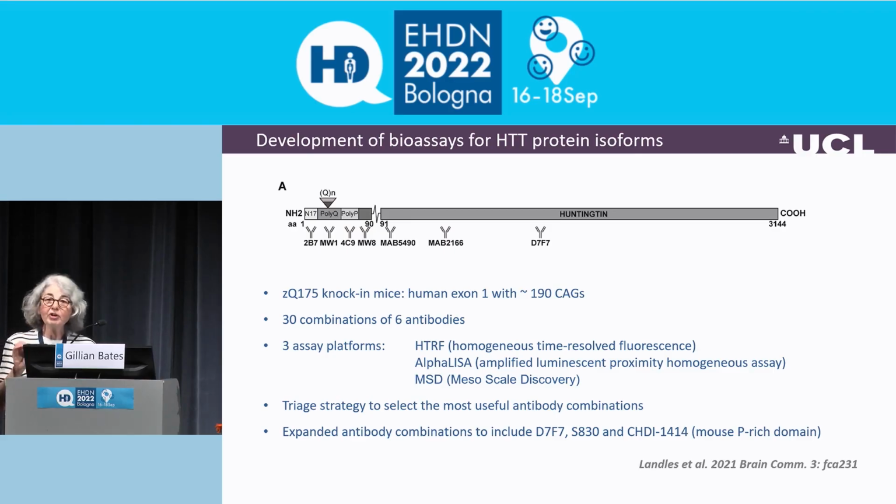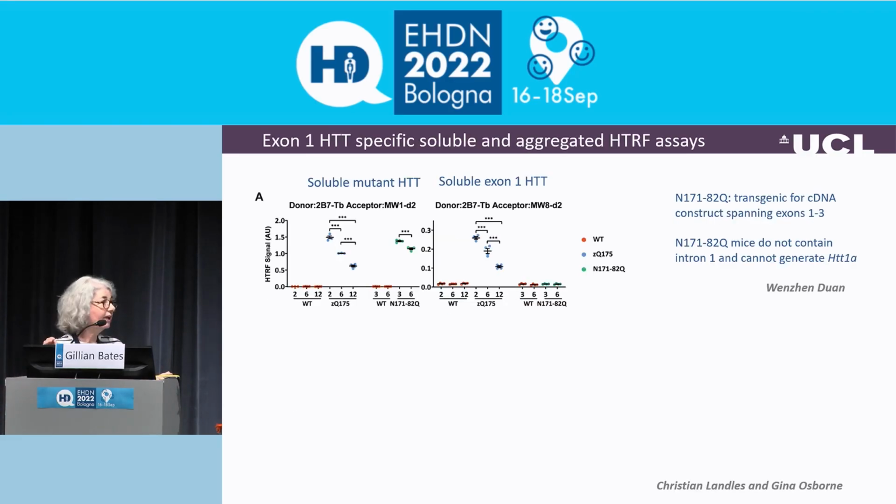So of course, what I'm going to show you, and is also on Christian's poster, is that we were most interested, of course, in whether MW8 might help us further detect and track exon 1. And so this is showing you that in soluble assays that track with soluble Huntingtin and aggregated Huntingtin, MW8 makes them exon 1 specific.